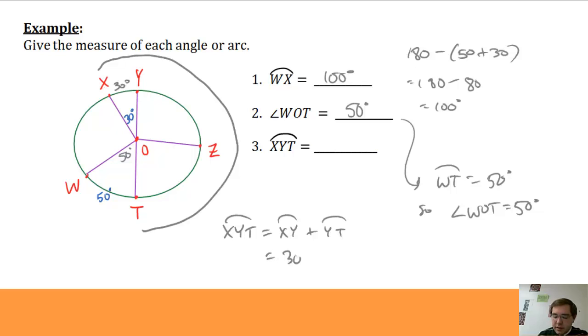Arc XY is 30 degrees. Arc YT is half of the circle, because YT was a diameter. Half of a circle, the semicircle, is 180 degrees. So arc XYT is going to be 30 degrees plus 180 degrees, or 210 degrees, using the arc addition postulate.